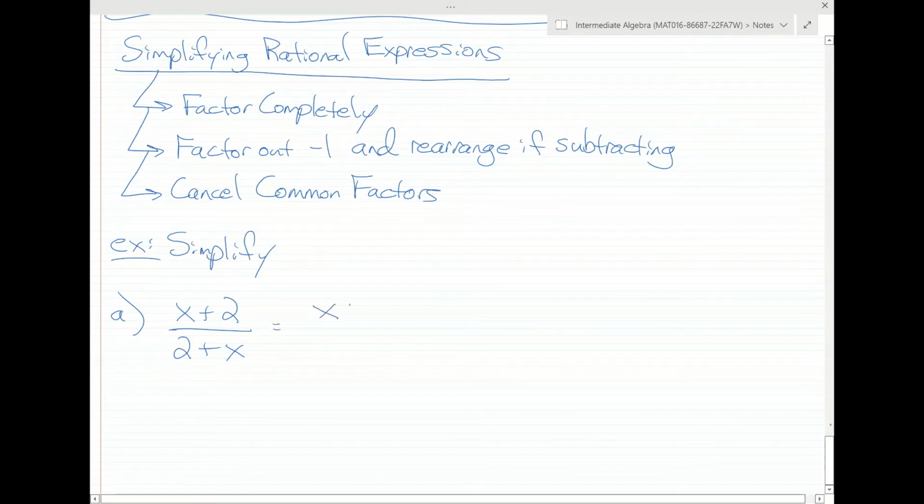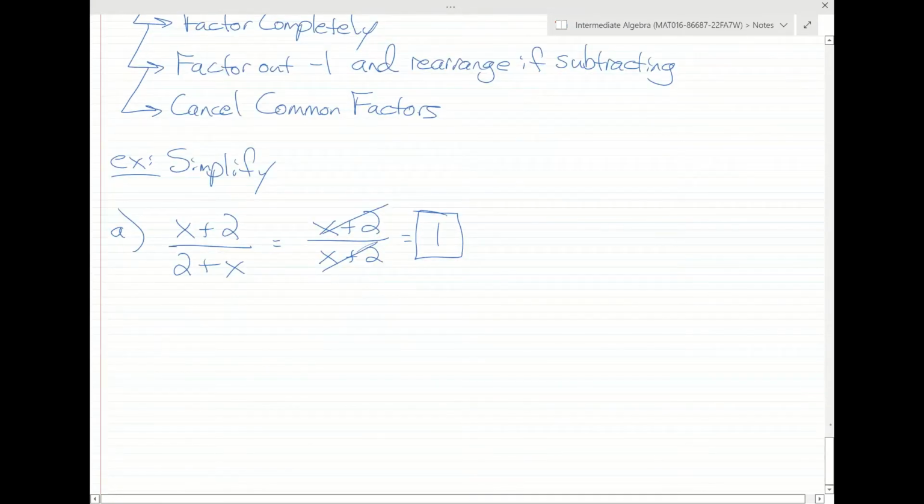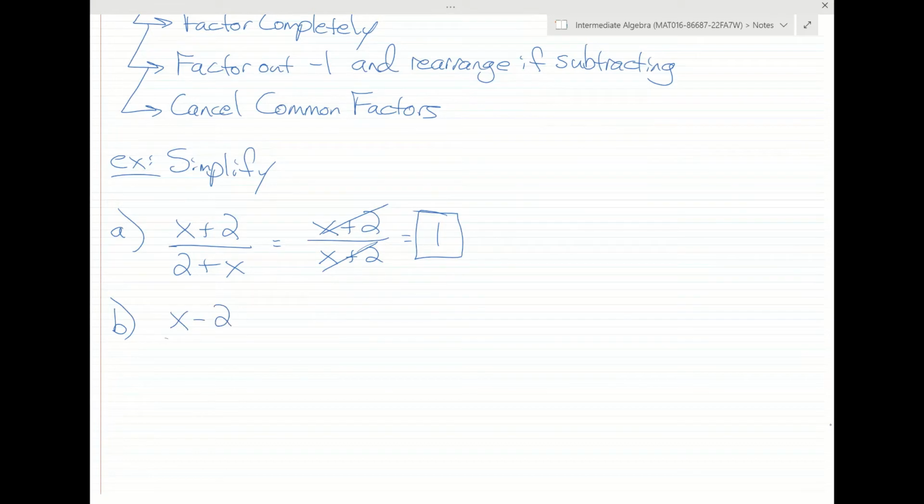But what we can do is just rearrange these. And you can see it's the same exact thing on top and bottom, which just translates to 1. It's similar if we had, let's see, like (x - 2) over (2 - x).